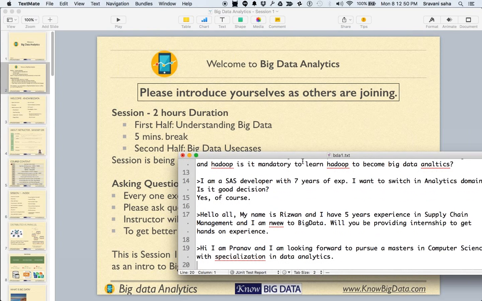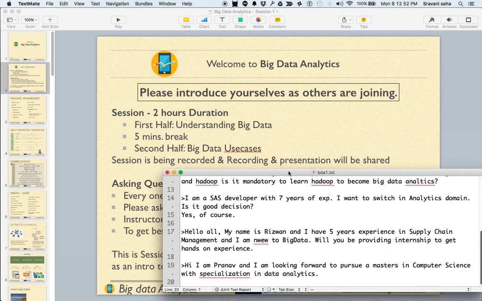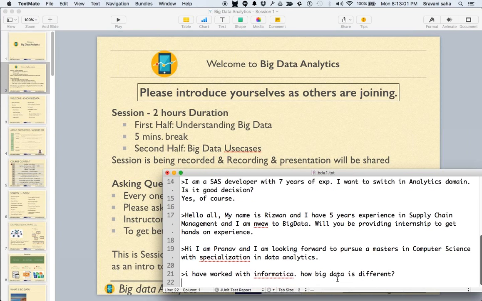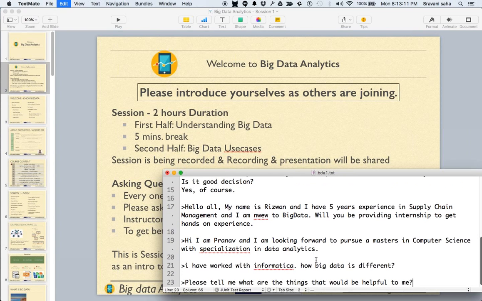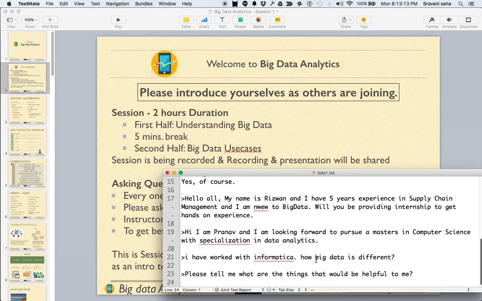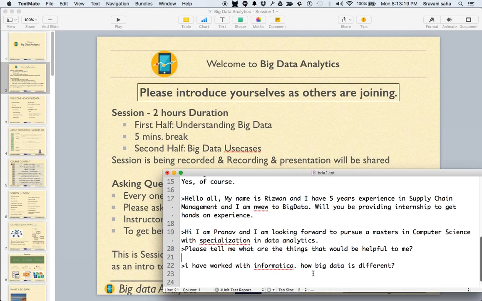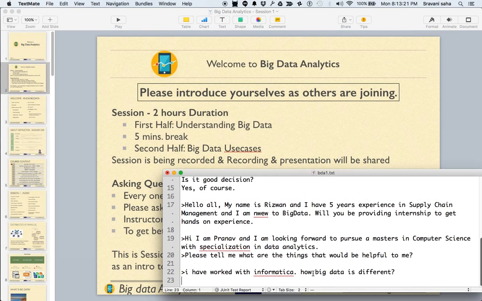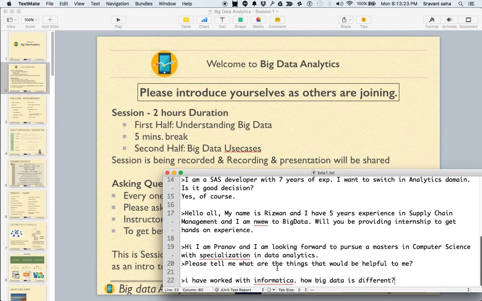So we have Pranav. Pranav is looking forward to pursue masters in computer science. Great to know you, Pranav. Vineet is from Informatica. How is big data different? You will soon find out, Vineet. No worries. The whole objective of this session is understanding what is so different about the big data domain.